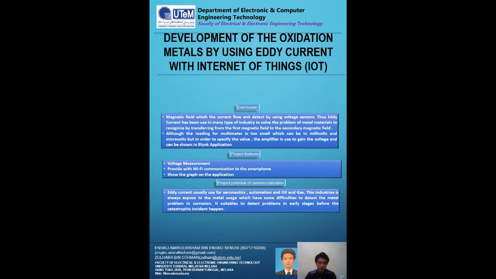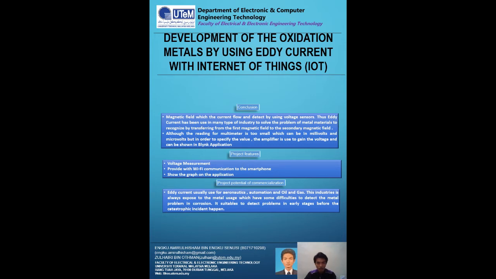For the project potential of commercialization, as we know, the eddy current is widely used in aeronautics, automation, shipping, and oil and gas industry field. Therefore, it can be expanded to the other field, which may include machine or pipes that always exposed to the environment, such as SAMB, Suruhanjaya Air Melaka Berhad, water supply for locals.